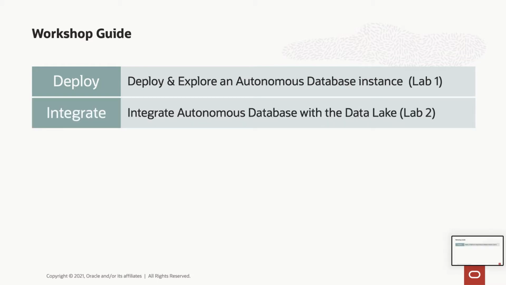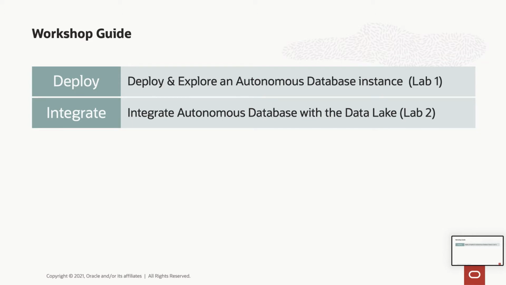Next, you're going to use database actions to integrate Autonomous Database with the data lake. You'll be loading data from sources using this really intuitive drag and drop interface. Now, one of the things that the data load tools do to simplify the process is that they automatically derive schemas from the source files and then generate tables that can access that data.